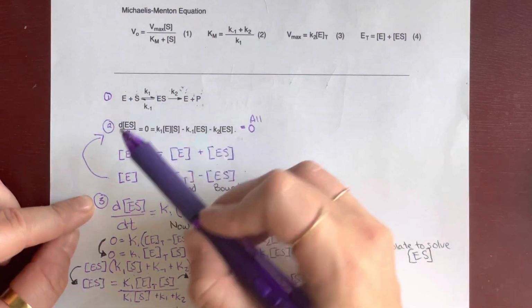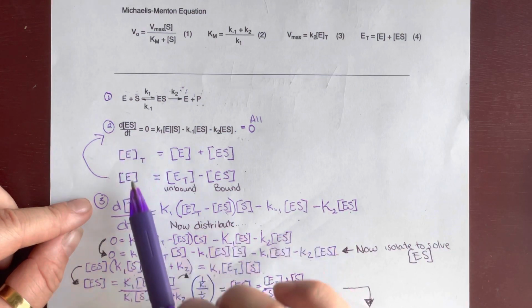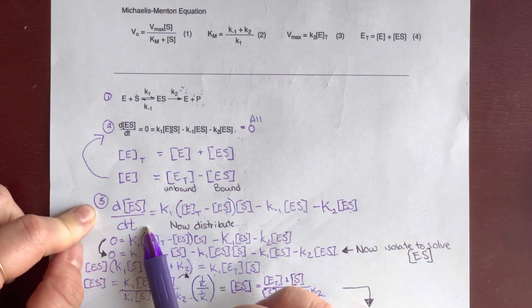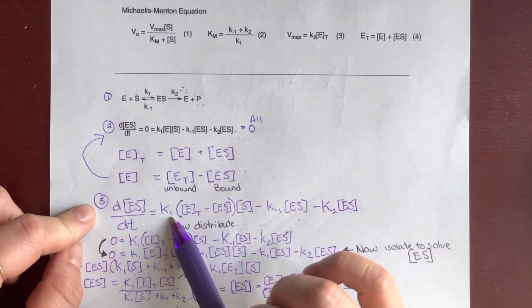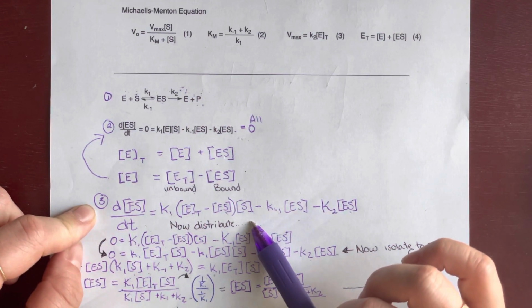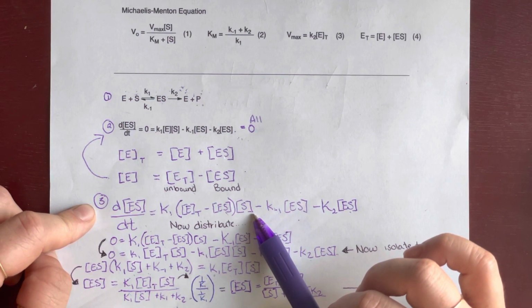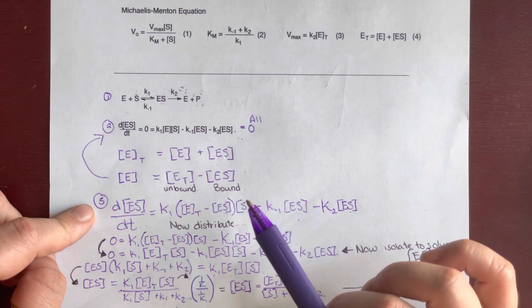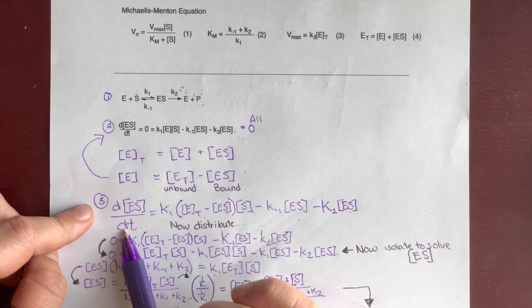Once we solve for E here, we have the unbound and the bound, so we're going to plug that E back in. Once this is distributed into the previous equation, in step 3, we want to distribute and solve for the concentration of ES. So now we want to move ES to the left side of the equation.